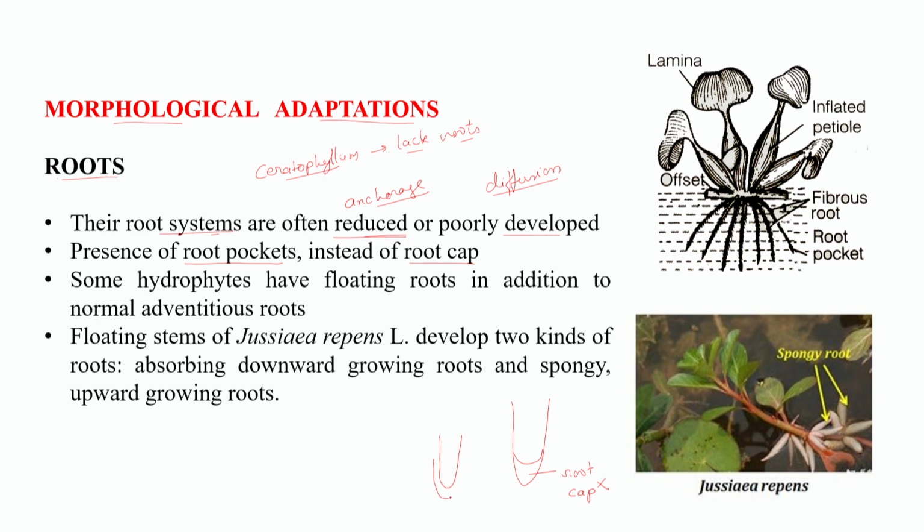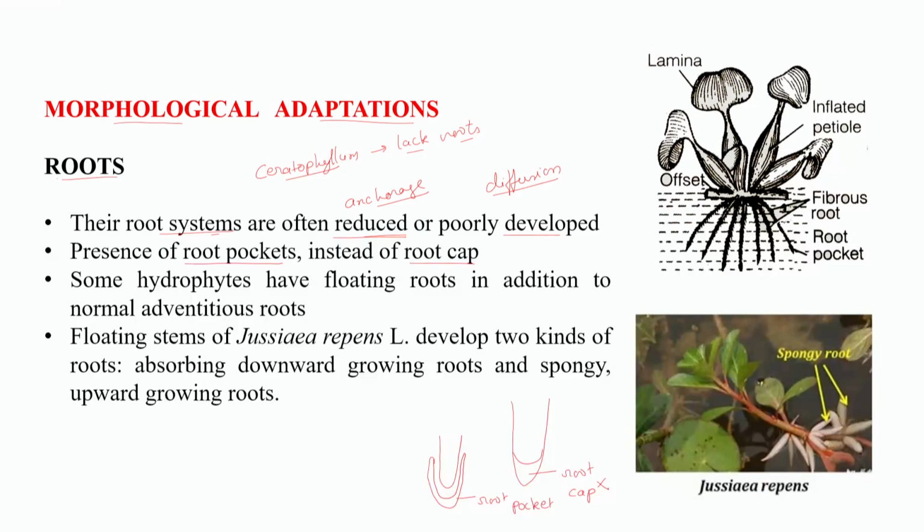It is an elaborate structure, almost similar to root cap, but more developed, so it completely surrounds the root tip. The purpose is protection, and it also helps in floating the roots in addition to the normal adventitious roots.